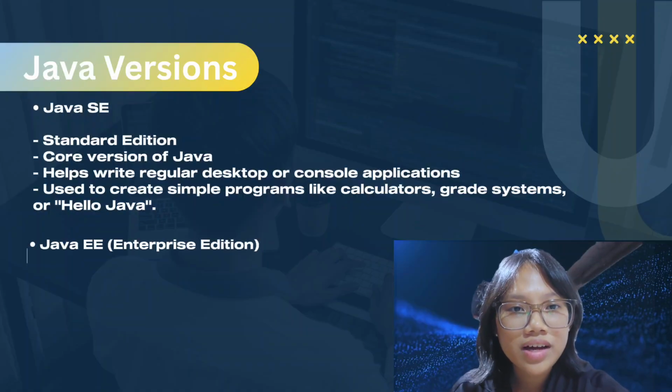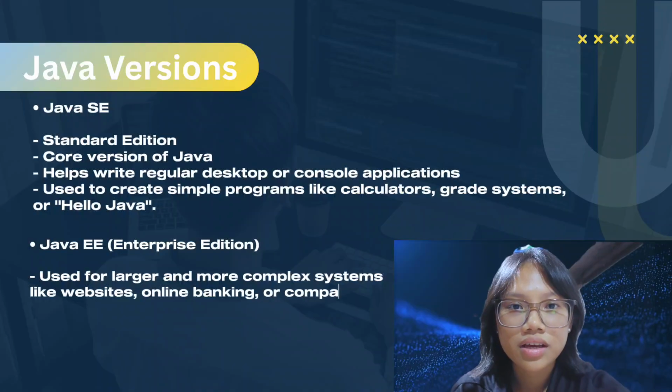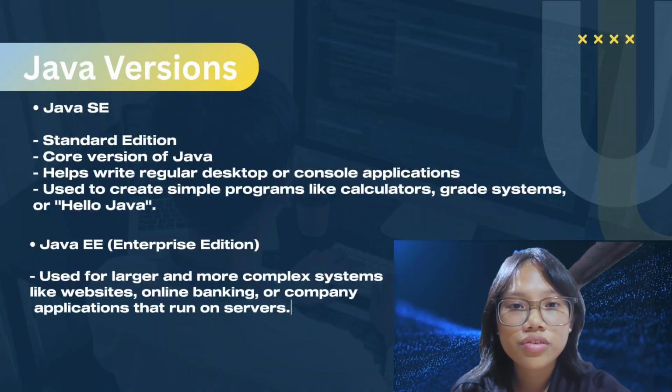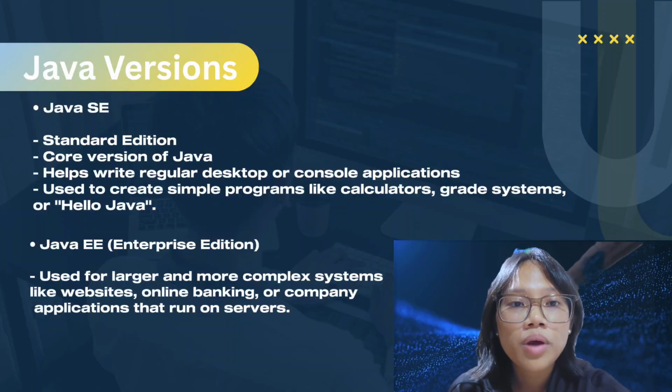Next, we have Java EE, which stands for Enterprise Edition. This version is used for larger and more complex systems, like websites, online banking, or company applications that run on servers. It includes special tools and frameworks for building web-based and network-based programs.